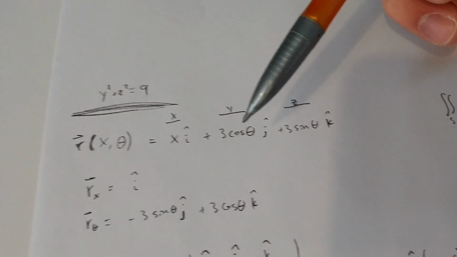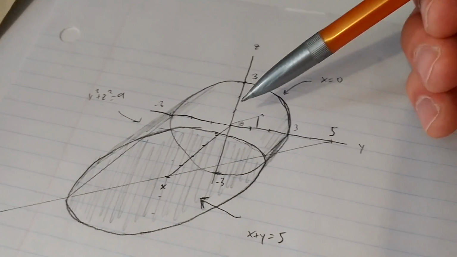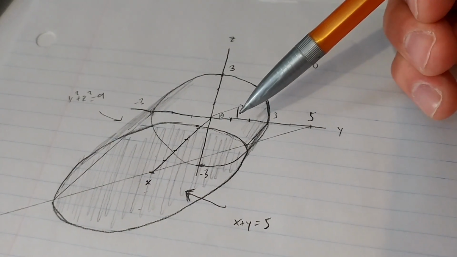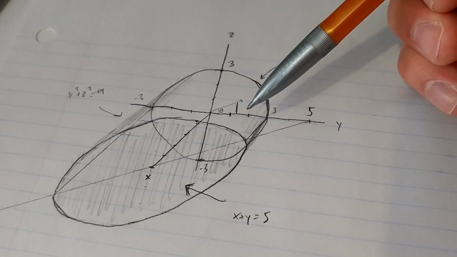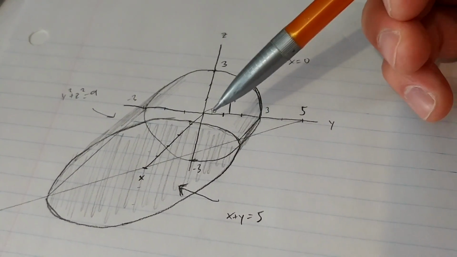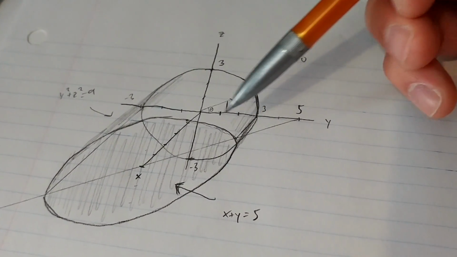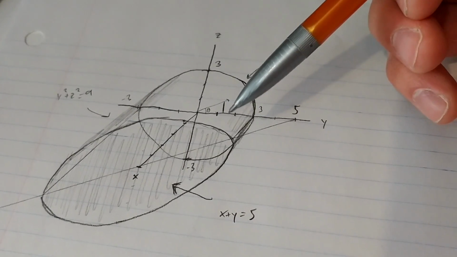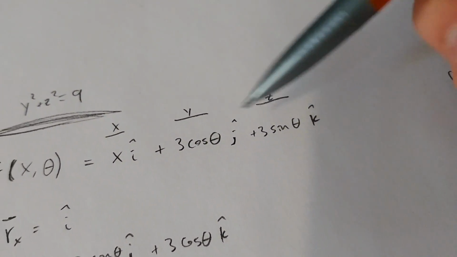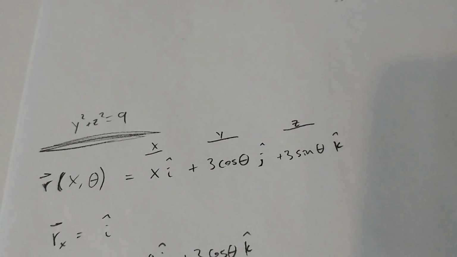And then the y is going to be r cosine theta, because it's this direction. And then z is going to be r sine theta. And so r is 3, and so we get that.